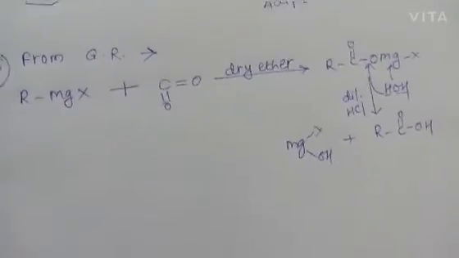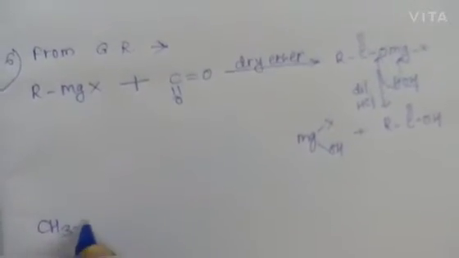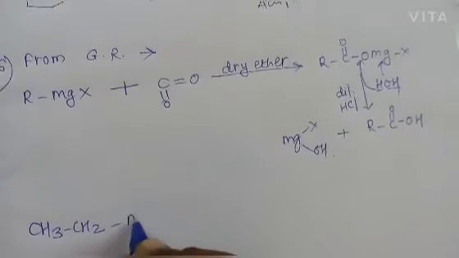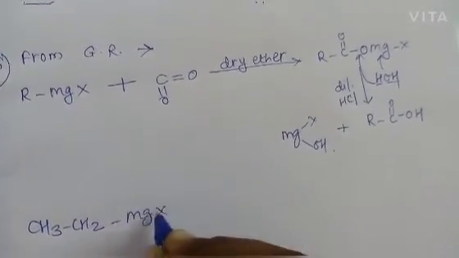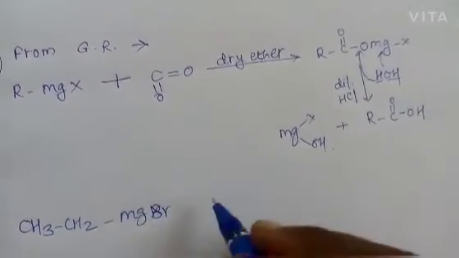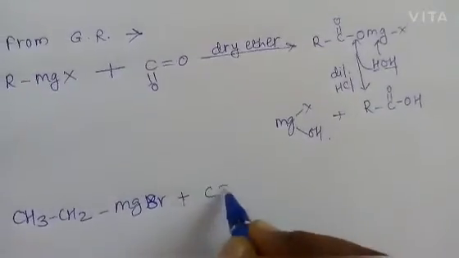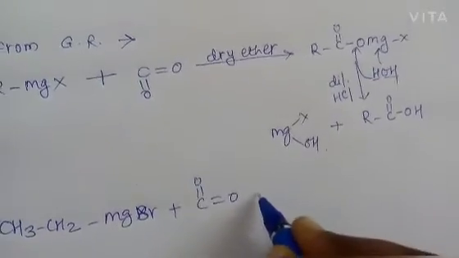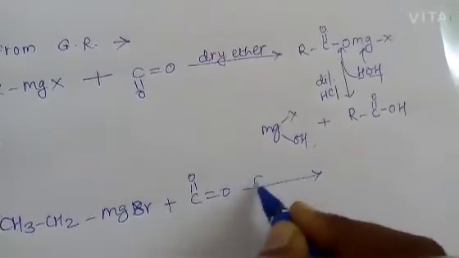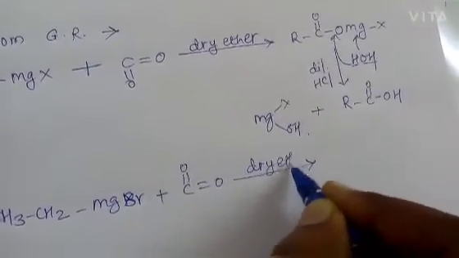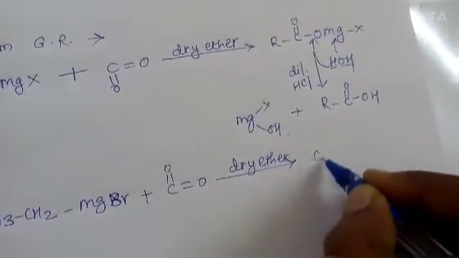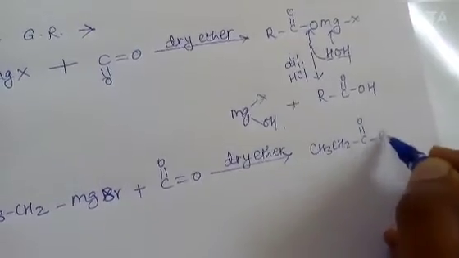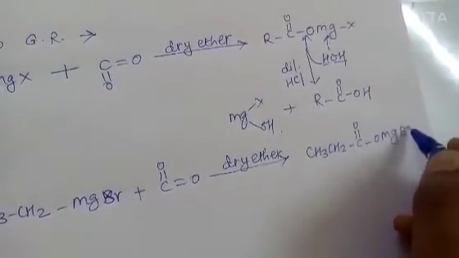One example we will see. Suppose this R I will replace by CH3CH2, MgX, and X also I will replace by bromine. It is added with solid carbon dioxide in presence of dry ether, and it forms the addition complex, that is CH3CH2 C double bond O OMgBr.